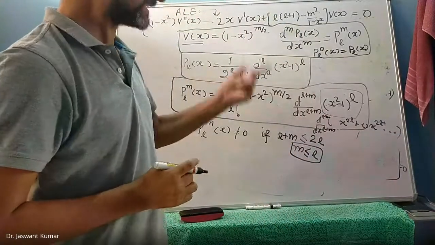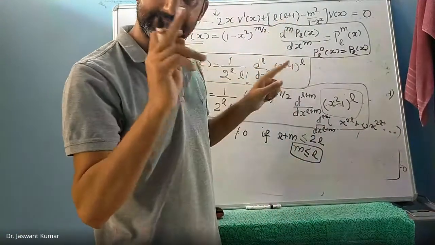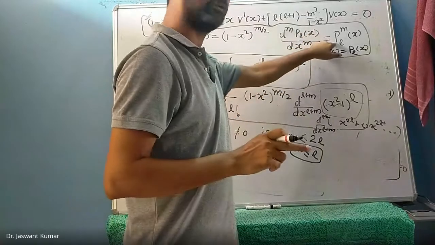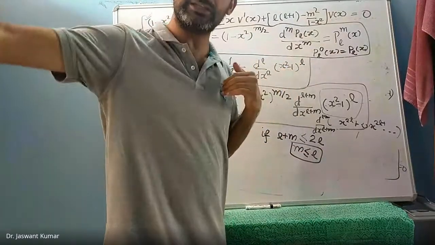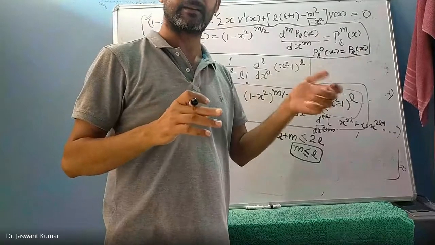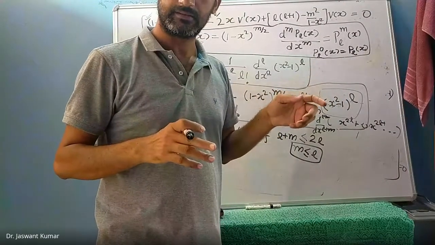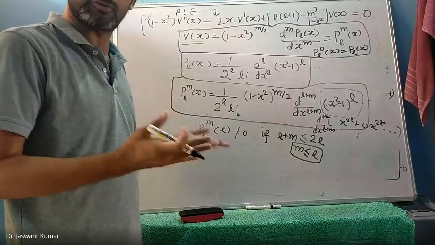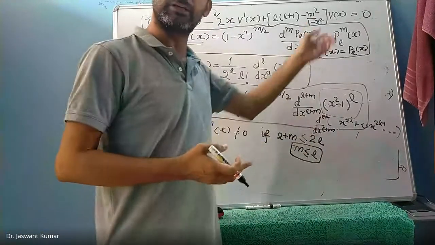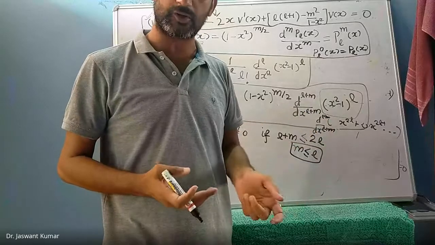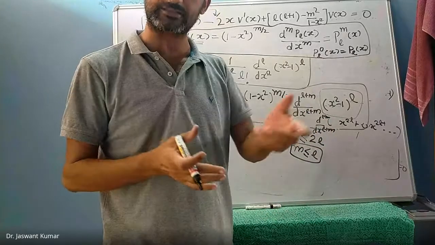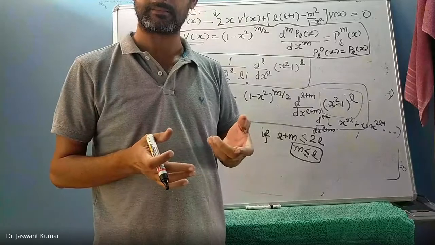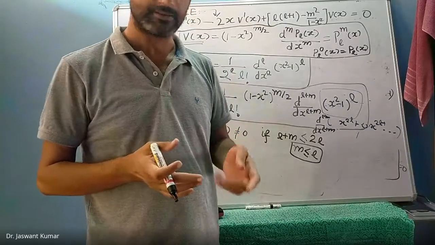So what are the conditions? We have already obtained some conditions on L from P_L of x. We know that L can only be a positive integer. So now we are trying to find the values of M. What values of M? Is M equal to, let us say, 2.3 allowed or not? We are trying to check values like this. From 0 to L, or 0 to L minus 1?